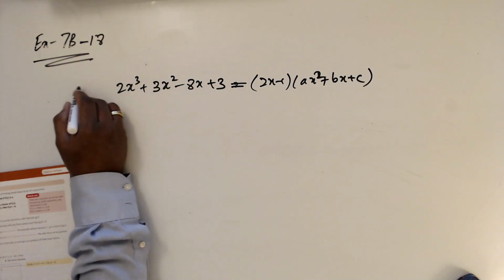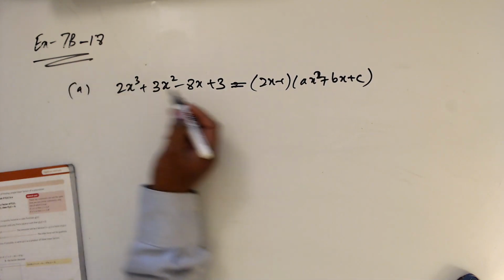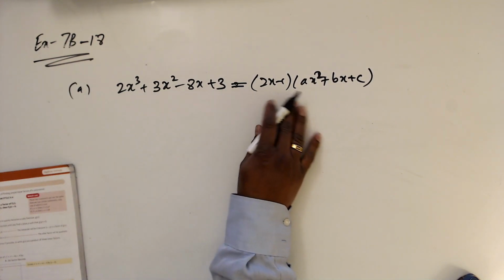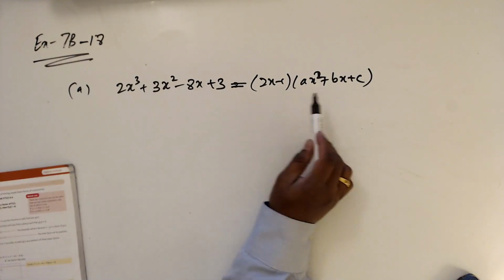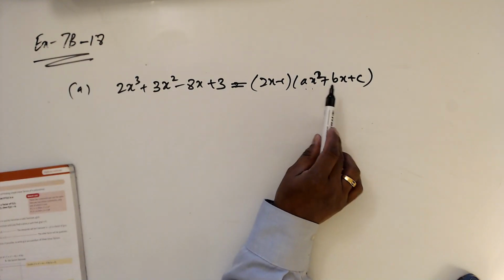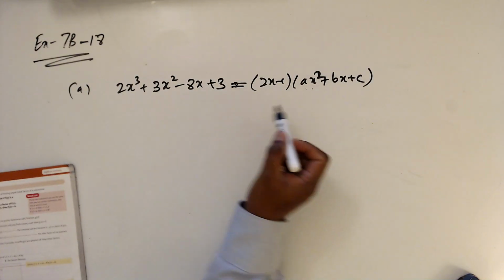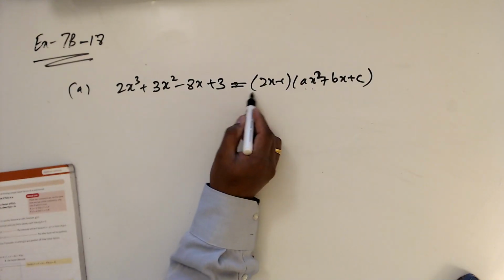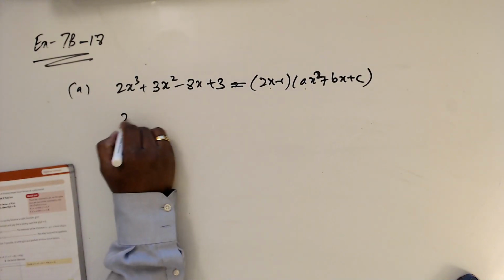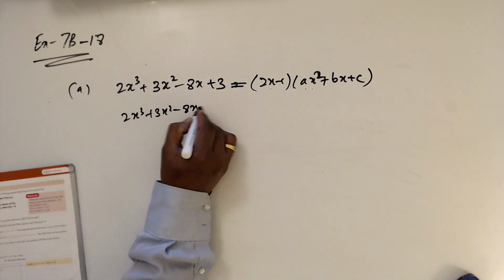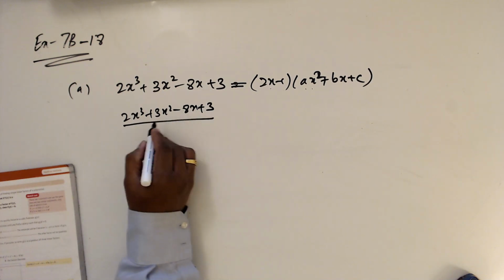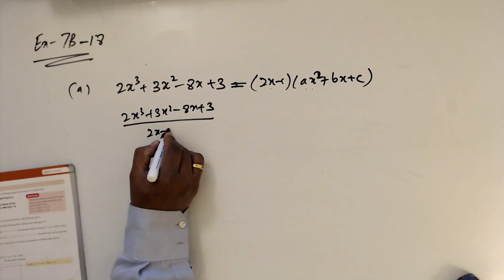Question number 18, part A. So this is the equation, and we want to find ax square plus bx plus c. So what we need to do is bring this one down: 2x cubed plus 3x square minus 8x plus 3 divided by 2x minus 1.